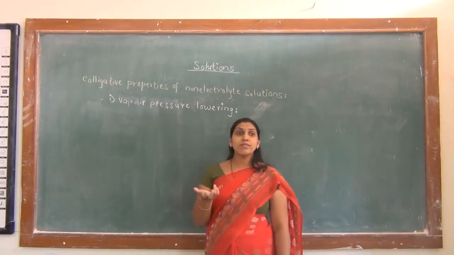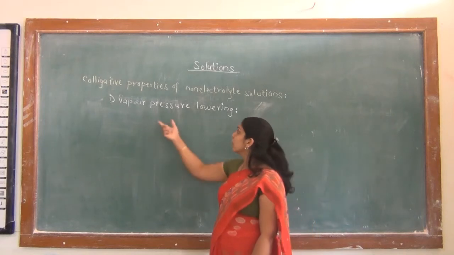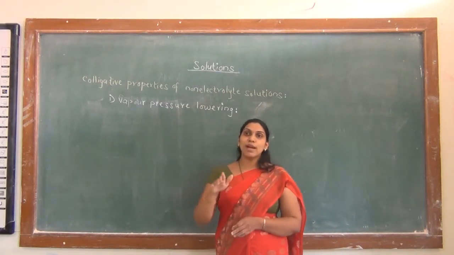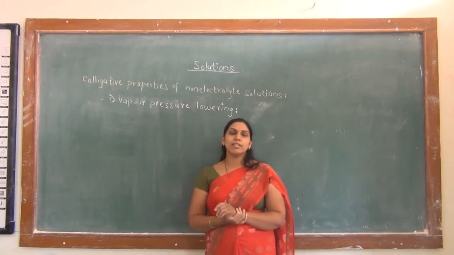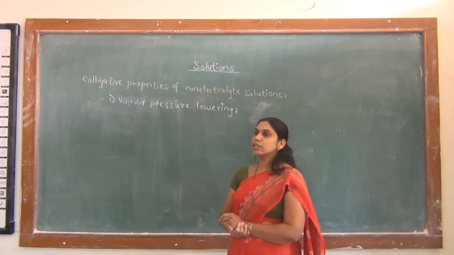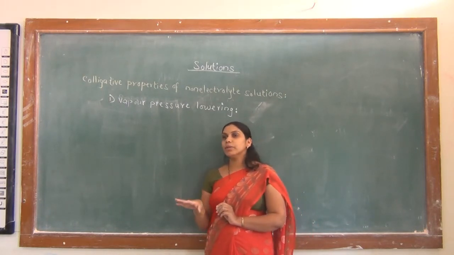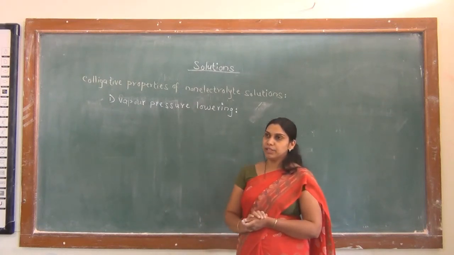Before going to what is vapor pressure lowering, we will understand the concept of vapor pressure that we have studied earlier in this chapter, as well as in 11th standard. I will just revise the definition. Vapor pressure is defined as the pressure applied by the vapors on the surface of the liquid at equilibrium.